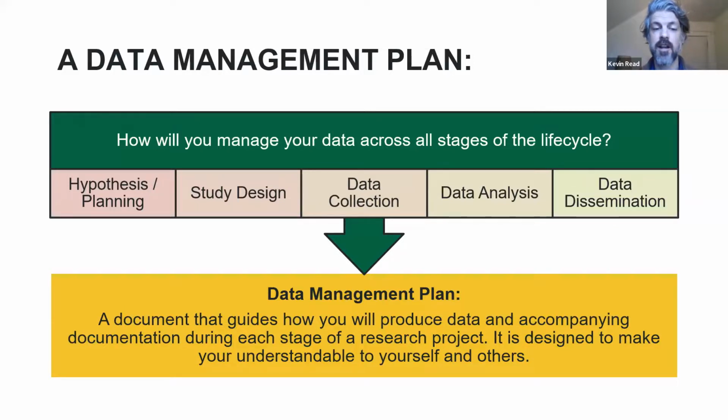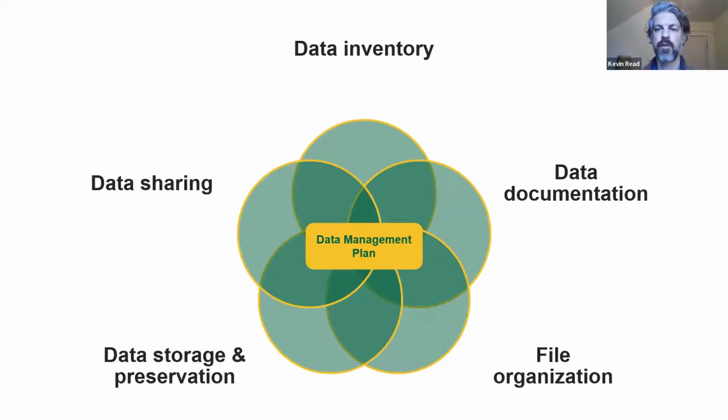And really, it's a final document that guides how you're going to produce your data, how you're going to produce the documentation at each of these stages. And it's designed to make the data understandable to you and to others. So think about the inventory, our documentation, our organization, our preservation, and our sharing, all culminating in this final plan as we work through it.